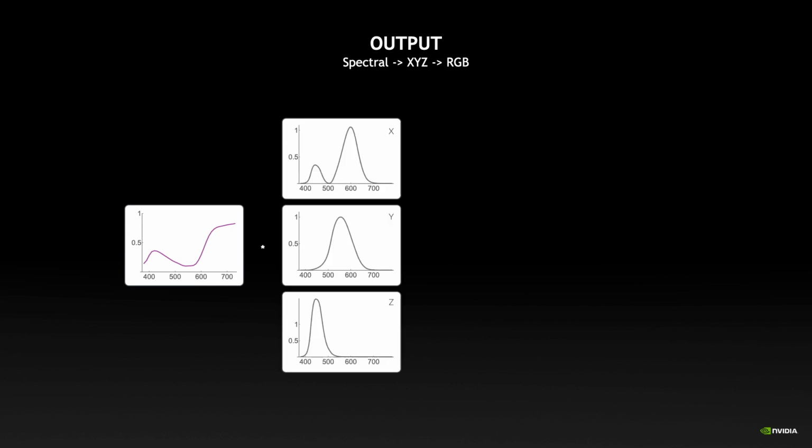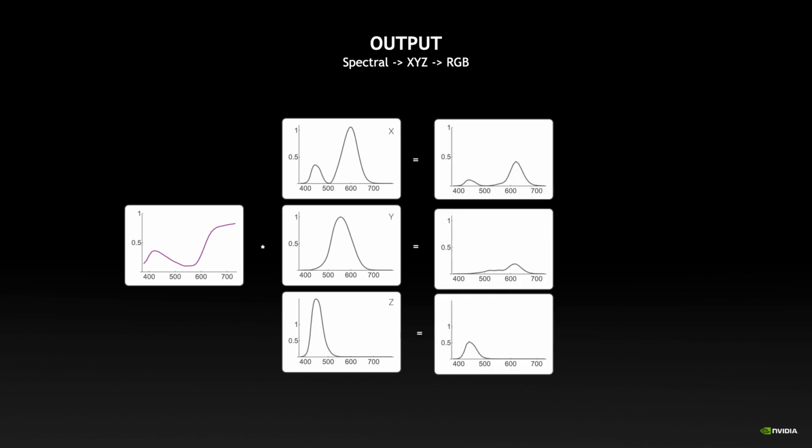So what we do instead is we go through the XYZ. We use the XYZ curves and convolve it with the spectrum, and then we have the XYZ values, use a matrix to convert to RGB, and voila, you are in RGB. So those matrices, they can be found in literature, they can also be derived.